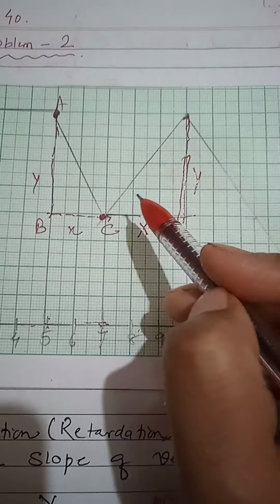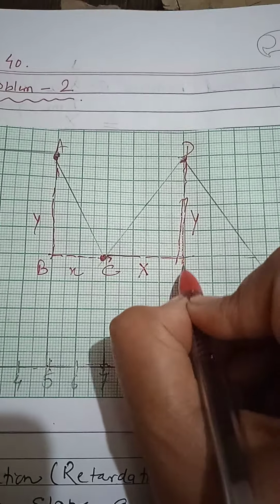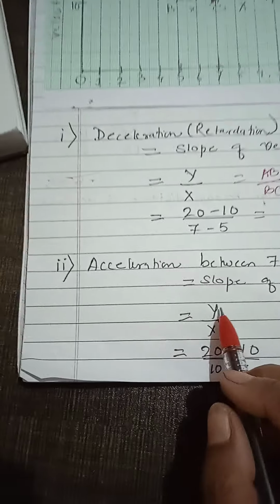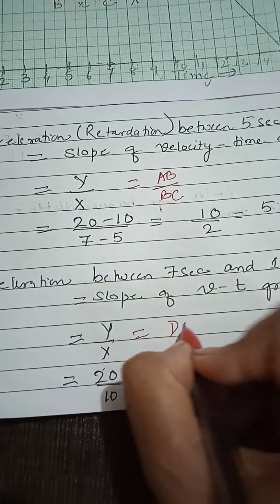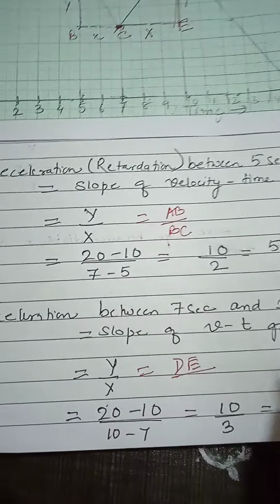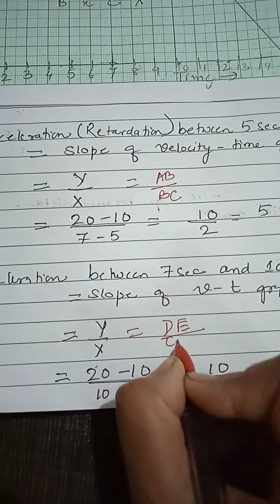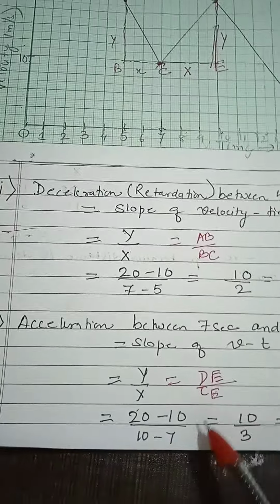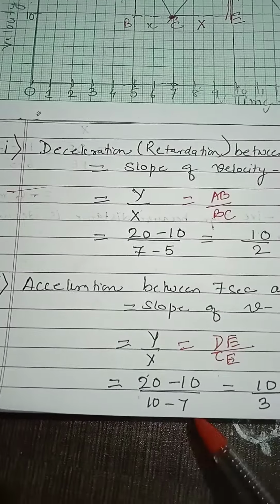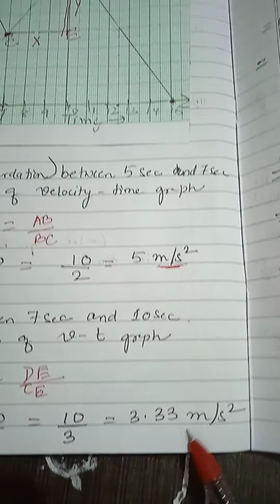Again, you name the triangle, maybe put here D and this one as E. So next, your slope will be y by x. So y is equal to how much? DE. And x is how much? CE. Then solve it: 20 minus 10 by 10 minus 7, which will be 3.33 meter per second square.